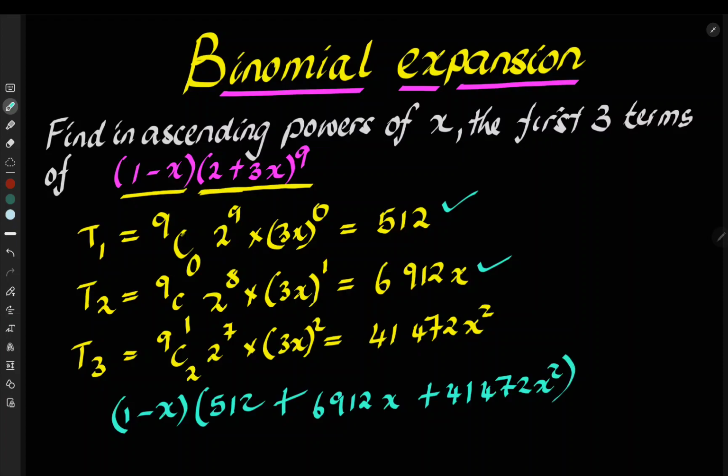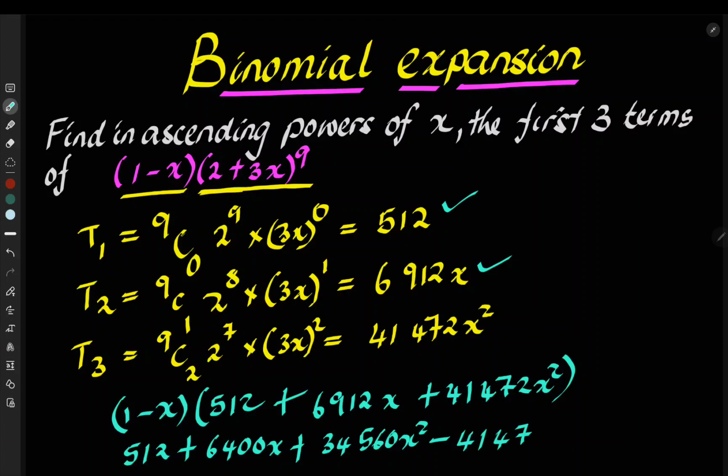If you expand that and simplify, you will get 512 plus 6,400x, then plus 34,560x squared, then minus 41,472x cubed. These are the first four terms, but you just need the first three terms of the expansion. So that will be 512, 6,400x, and 34,560x squared.